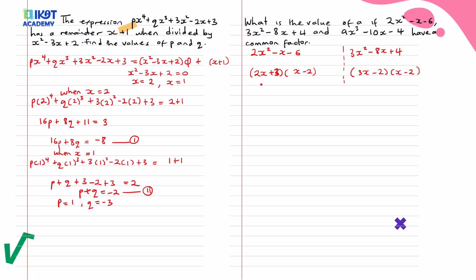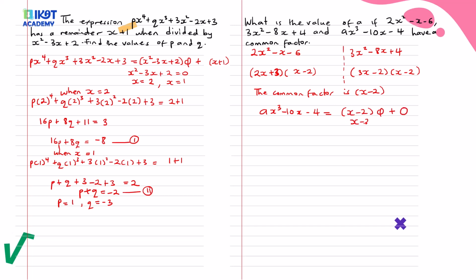So from this we can see the common factor is x minus 2. So now we can work this out. What a factor means is that when you divide that number by that term, you get a remainder of 0. So if this is a factor of this, that means when you do this, the remainder will be 0.